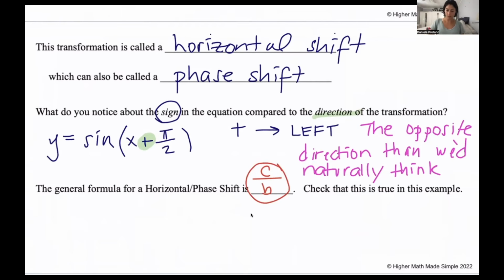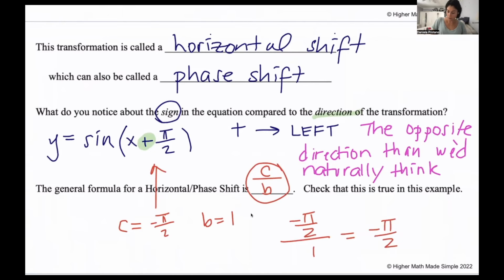In this case, it's definitely true, right? Because we could see that the c value, which was -π/2, and the b value, which was 1. So -π/2 divided by 1 is -π/2. So it does check out.